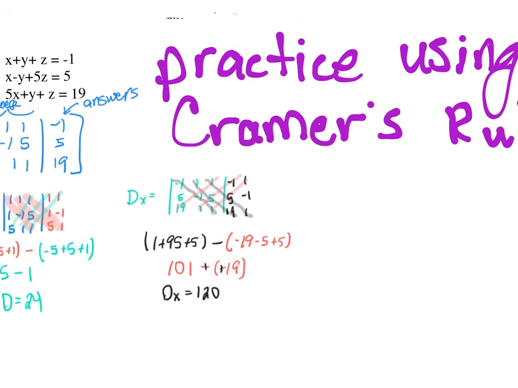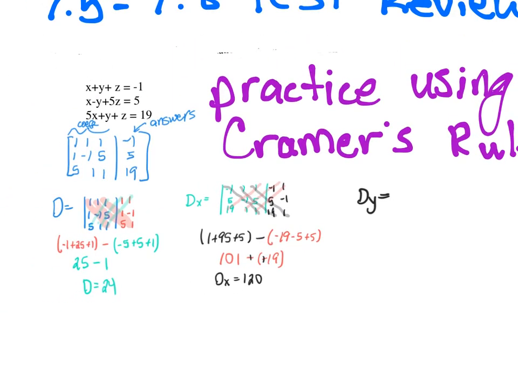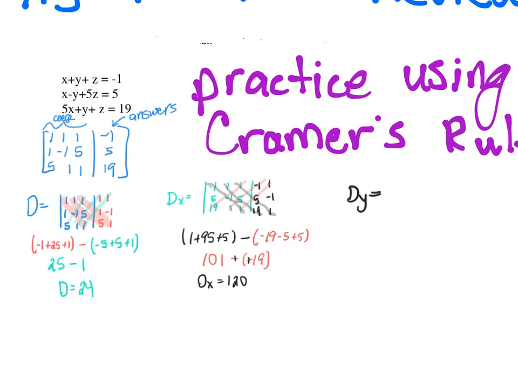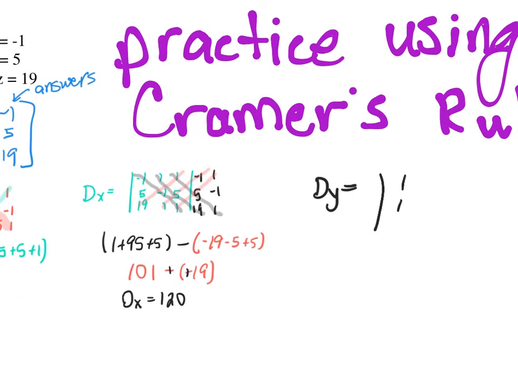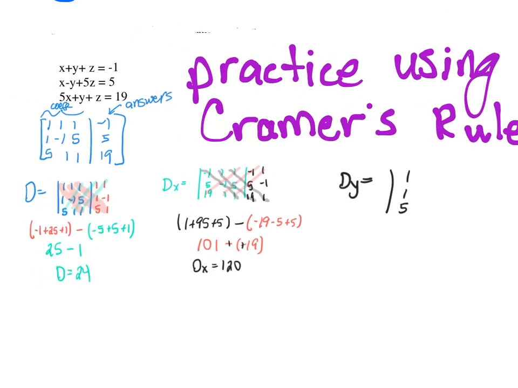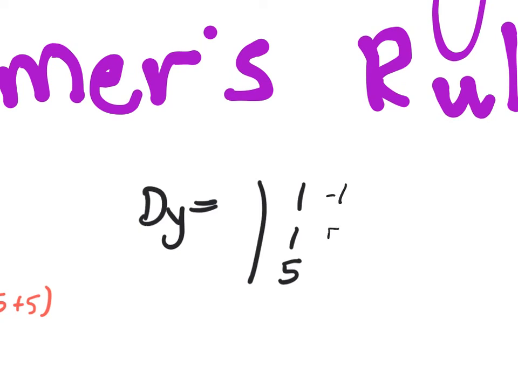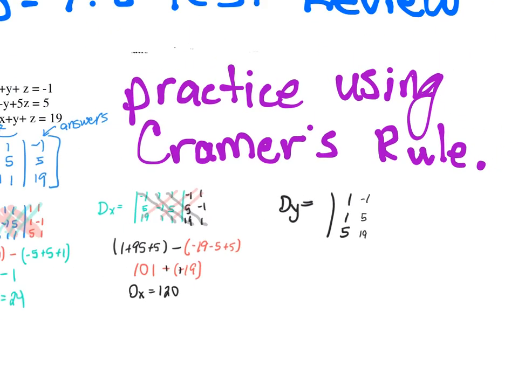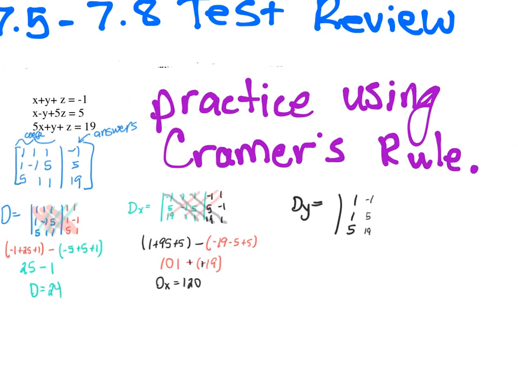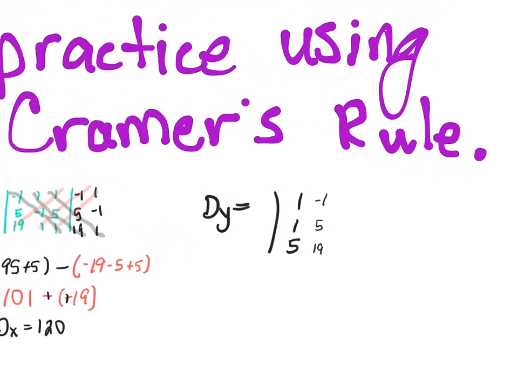I'm going to do the same thing. I'm going to find D sub y. So I'm going to take my x coefficients, 1, 1, and 5. I'm going to take the answers now, negative 1, 5, and 19 for my y's. And then the coefficients for my z is 1, 5, 1.